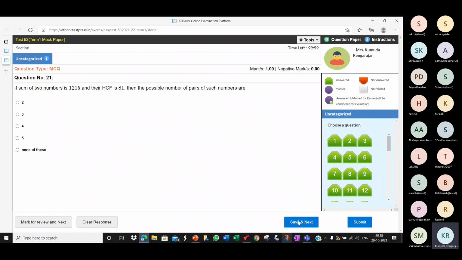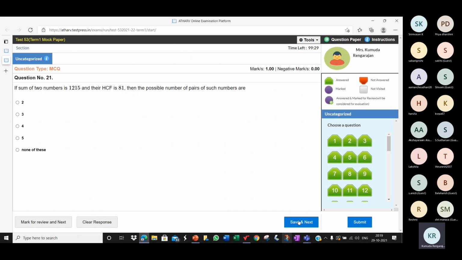Yes, ma'am. We'll just discuss this and then you can work. Question number 21. When we take up two numbers like 12 and 20, their HCF is 4. Now the numbers 12 and 20 can be expressed in terms of their HCF. 12 is 4 into 3, 4 into 5 is 20.